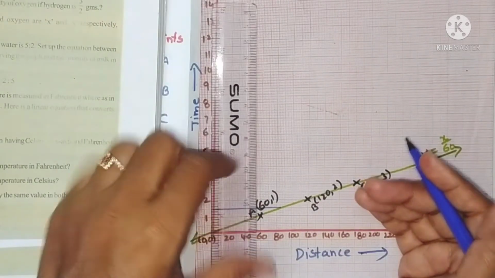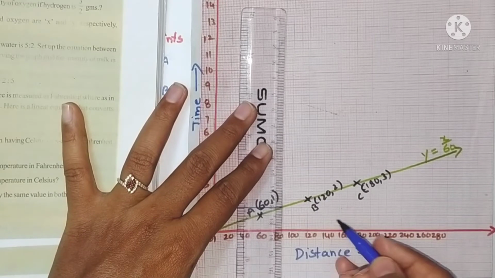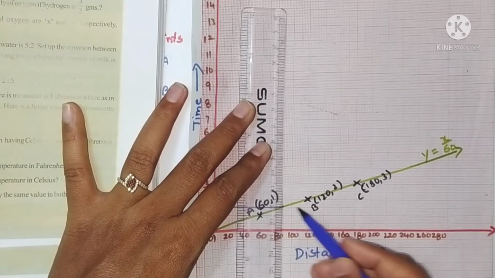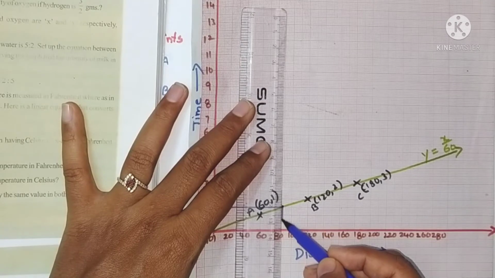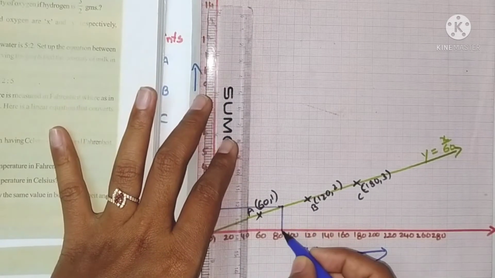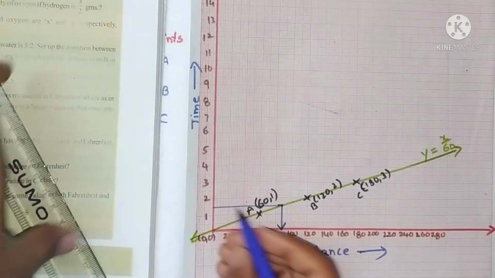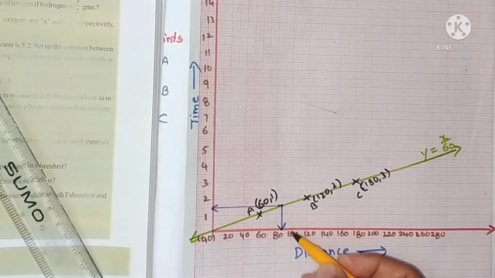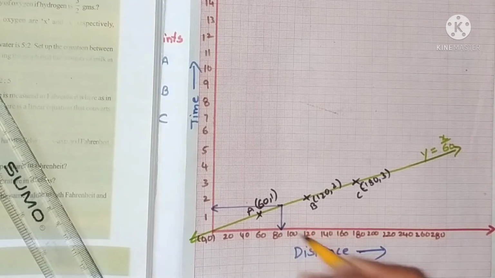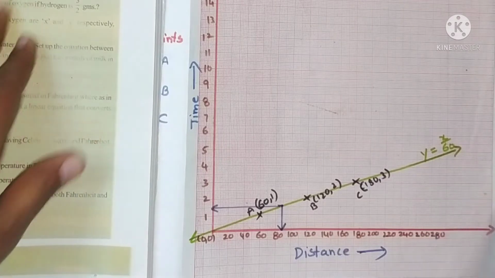It came to the line which is between 80 and 100. So this is 90. So in 1.5 hours, the distance travelled here is 90 kilometers.